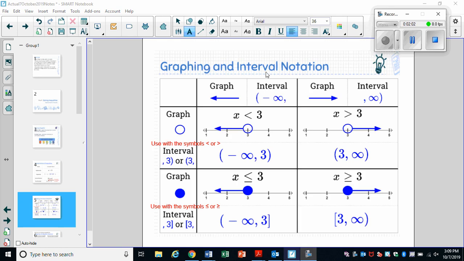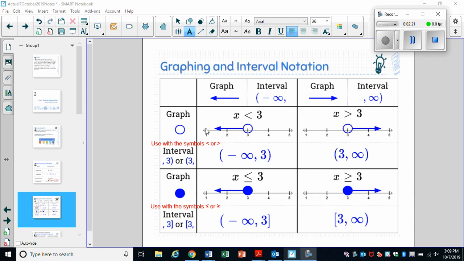In this part of our notes, whenever we have an open circle, that's when we will use the round parentheses for intervals.